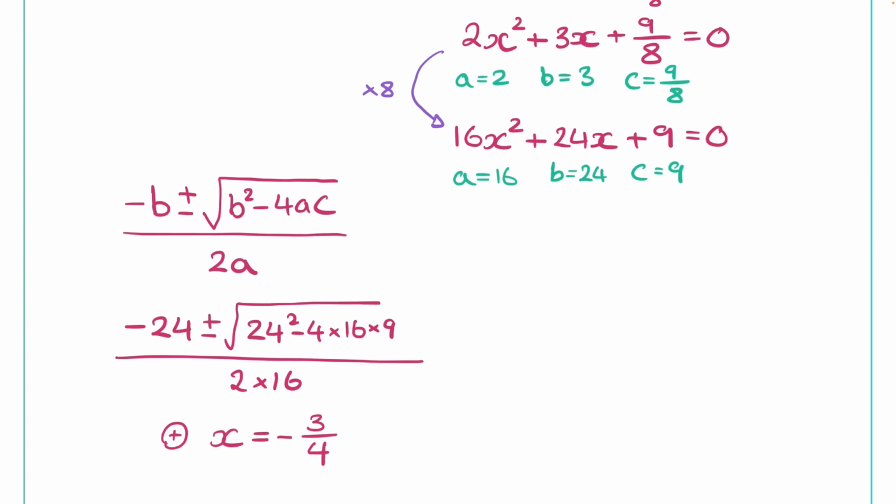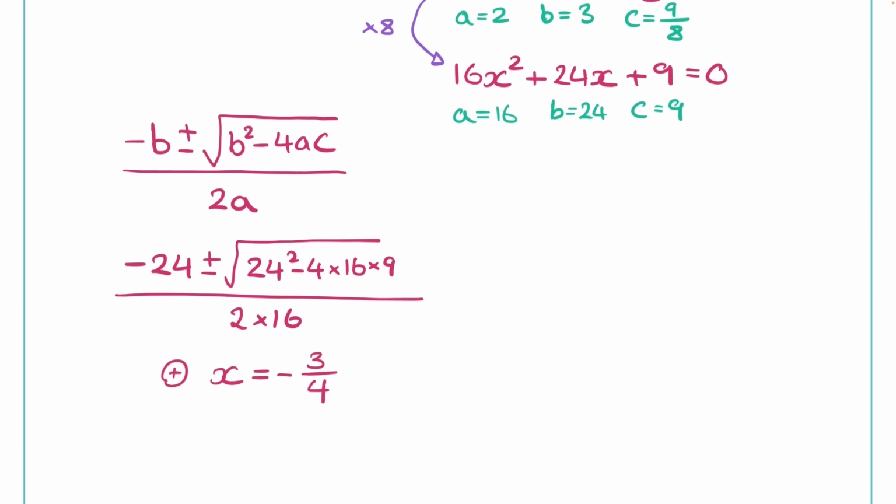And if I go back into my quadratic formula and I do it with the minus symbol, I get x is equal to minus 3 over 4, which is exactly what we were looking for. So we have the same x solution, which means there's only one x solution.